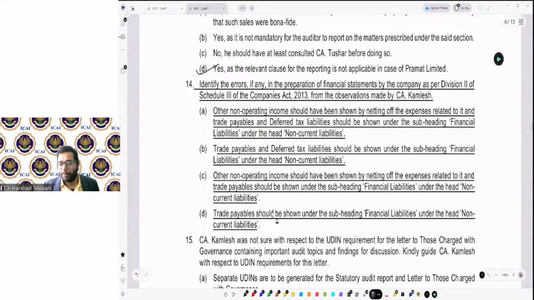What do you think is the correct option over here? What are the errors basically? So what is the correct option? Where it should have been shown?